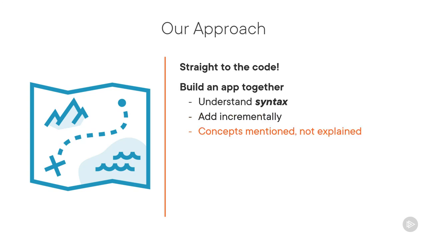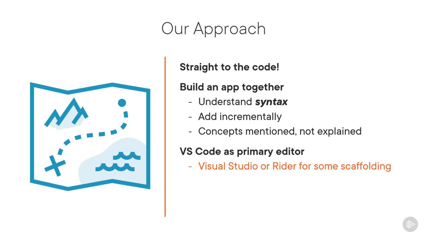I'll mention concepts as we go, but I'm not going to be explaining them in any kind of depth. This will include things like databases, dependency injection, configuration, packages, and more. Other courses at Pluralsight can help explain those concepts further if they're confusing to you here. As I noted earlier, we'll use VS Code as our primary editor in this course, but I'll use Visual Studio or Rider at a couple of different times to show some of the benefits of using those for scaffolded code items.